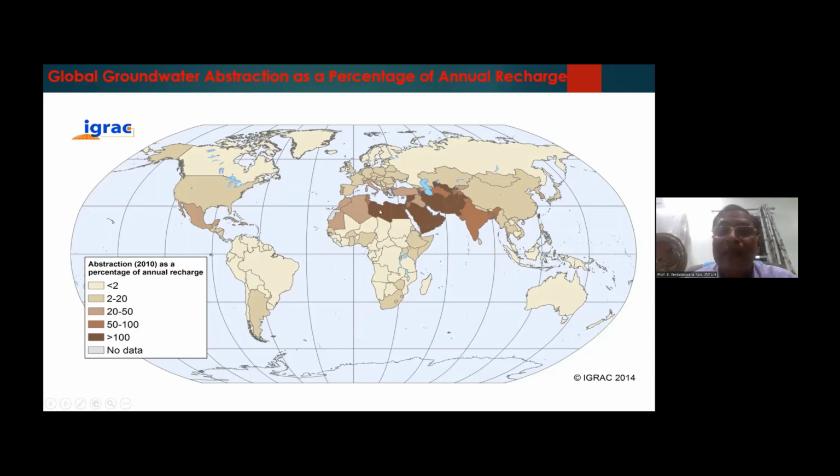Mostly here are desert areas. These are areas where there is a lot of abstraction as per 2010, as a percentage of annual recharge. More than 100% is used in these areas. That means we are overutilizing the groundwater.